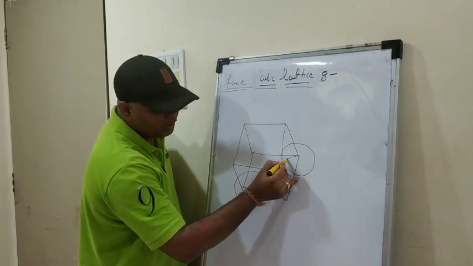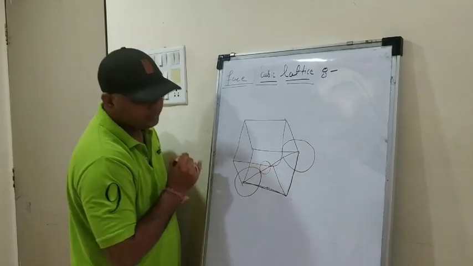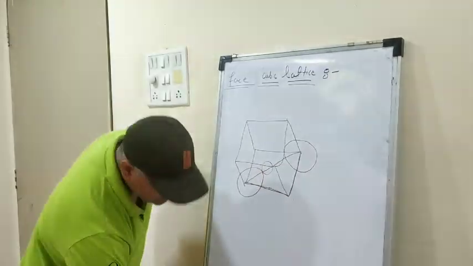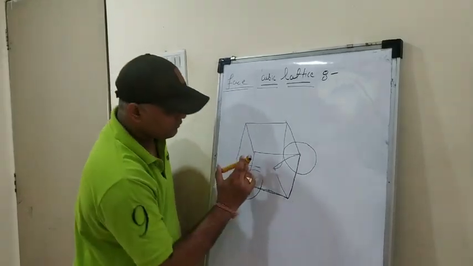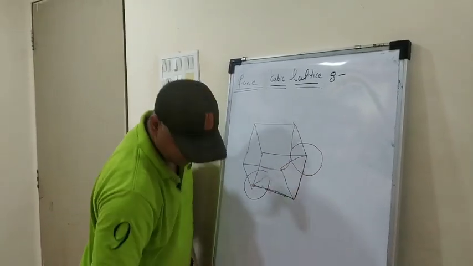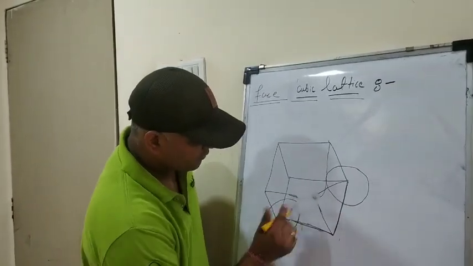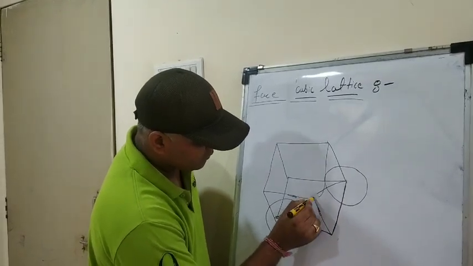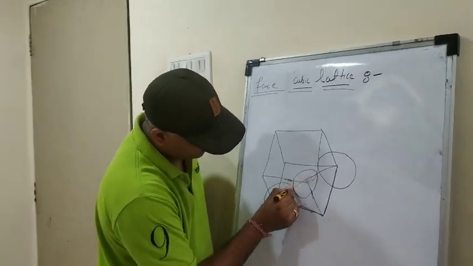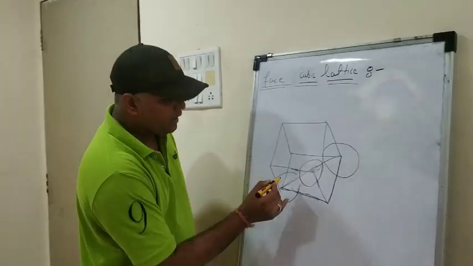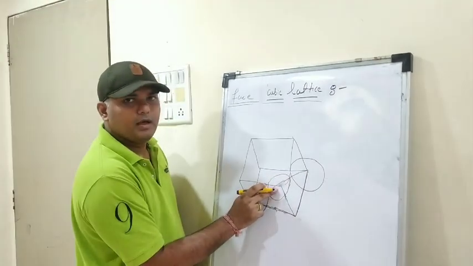So here can we draw a diagonal? See, this is a diagonal. Are you able to identify the diagonal? See, this is the diagonal, right? I'll draw this a little bit bigger so that you will be able to identify it. Right? Now are you able to identify it? See, this is one particle at the corner, this is one particle at the corner and this is in the middle, right?